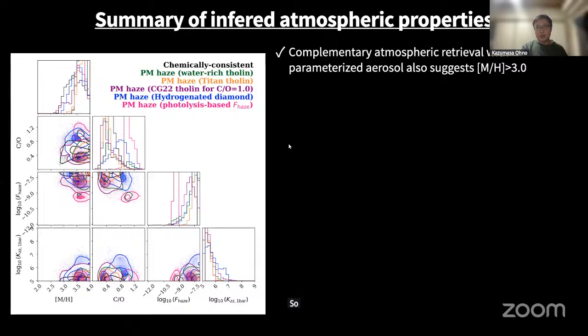So based on the current JWST results for this planet, we suggest that this planet very likely has an extremely metal-rich atmosphere.